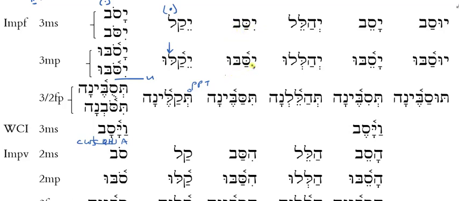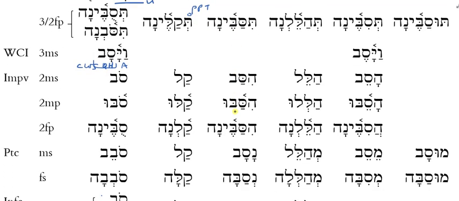And for 3MP, I'm just adding a vocalic ending here. Yissabbu, my dagesh forte that I couldn't put here, gets to drop in with that inflectional ending. So he will and they will double back. And then the 2FP, 3FP, tissabbena. I-class vowel, doubling dot in root 1, and then my theme vowel is the pathach, doubling dot, and then the helping vowel before the na.